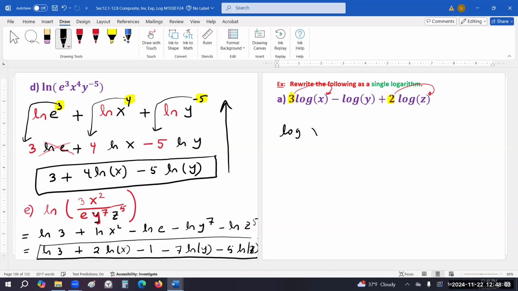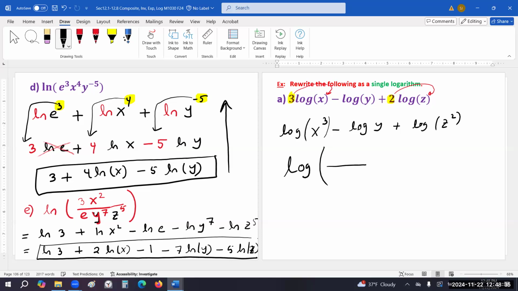So we get log x cubed minus log y plus log z squared. Now we are going to have a big log, and we have plus and minus signs combined.